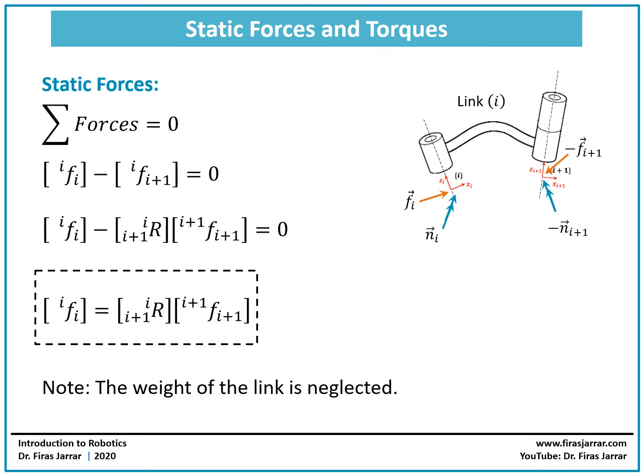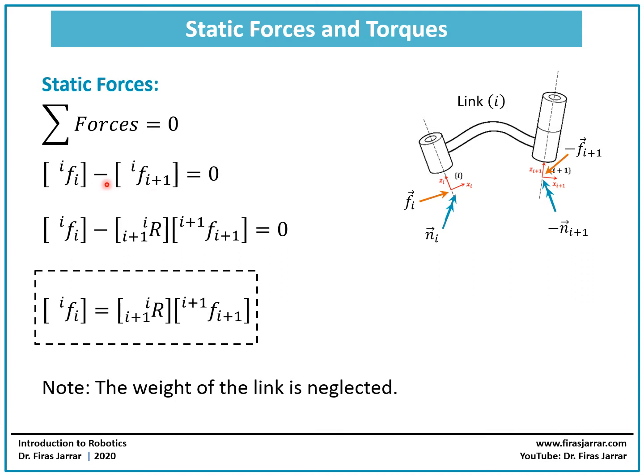Now, from Newton's second law of motion, for a case of static equilibrium, if we consider the summation of forces acting on link I, we will have the force vector from the previous link acting on the joint I, and we also have the reaction of the force of link I exerting on the link I plus 1.